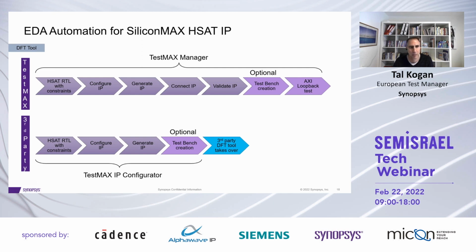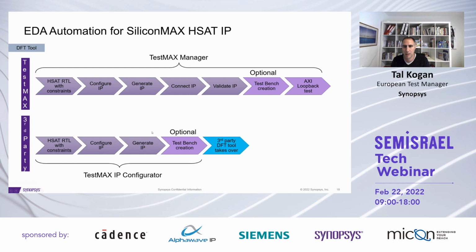Now, it is also supported to work with a third-party tool. As I mentioned earlier, if there is a total disconnect between the functional interface that is used and the scan network, then we can actually insert the relevant IP, configure it again, generate it again, even create a test bench.